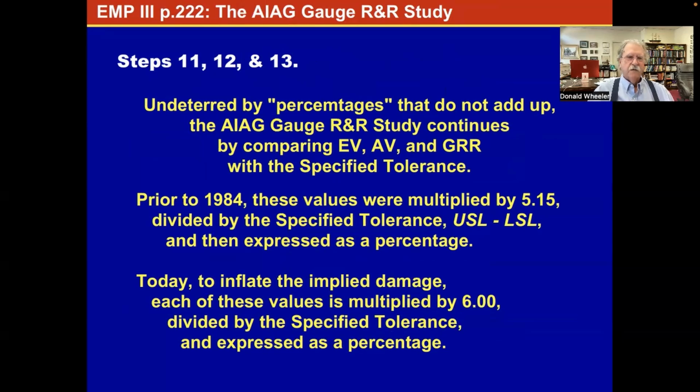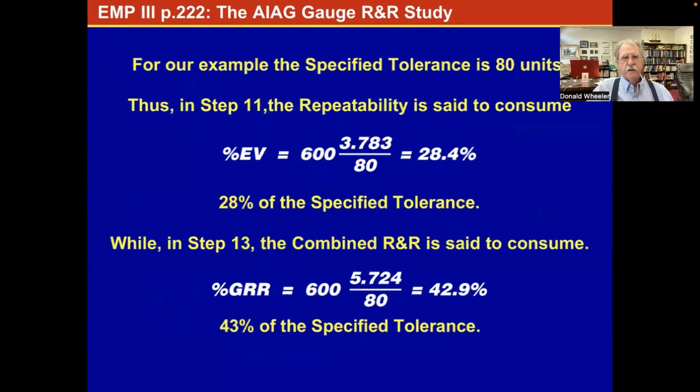Prior to 1984, these values were multiplied by 5.15, divided by the specified tolerance, upper spec limit minus lower spec limit, and then expressed as a percentage. Today, to inflate the implied damage, each of these values is multiplied by 6, divided by the specified tolerance and expressed as a percentage. So, for our example, the specified tolerance is 80 units.